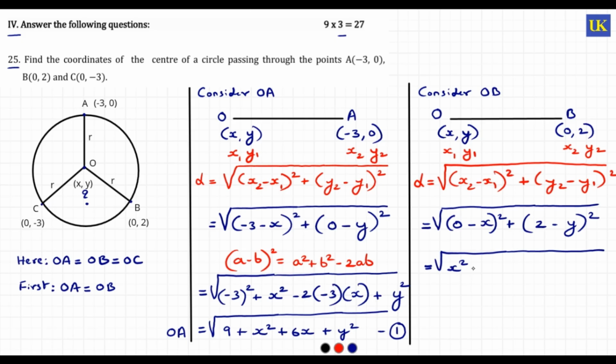Then this part is done, plus then 2 minus y the whole square. Again, I will be applying this formula, a minus b the whole square here. Okay. So with the same formula, I will write 2 square plus y square minus 2 into y.